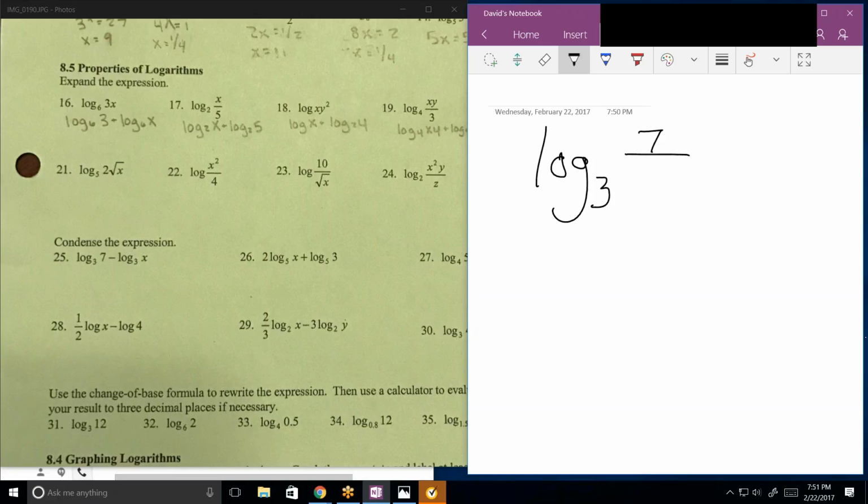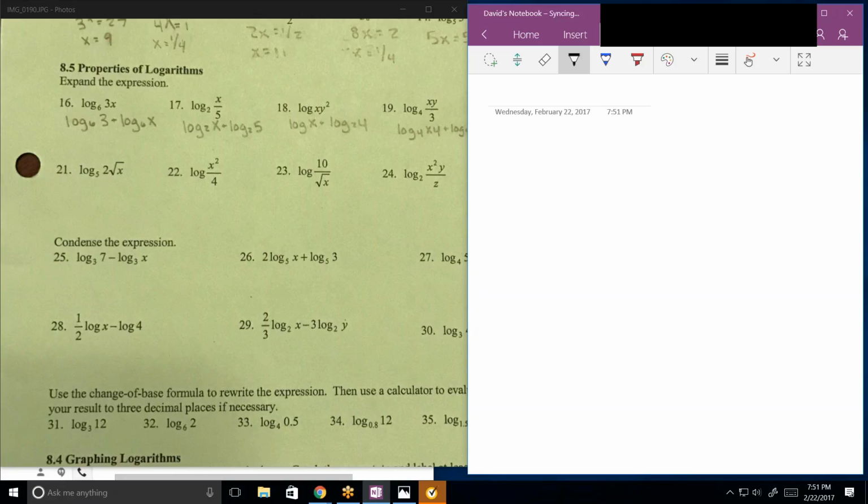No, just that. When it says condense, it means a single log expression. If I gave you this in the previous section, you would turn it into log of 7 minus log of x, right? This is just going the other way. That's all it is.